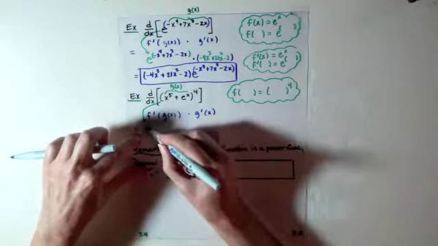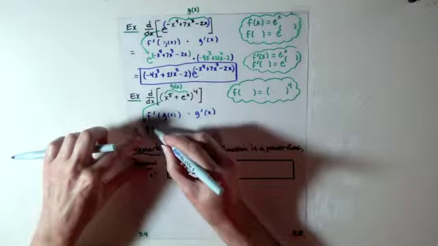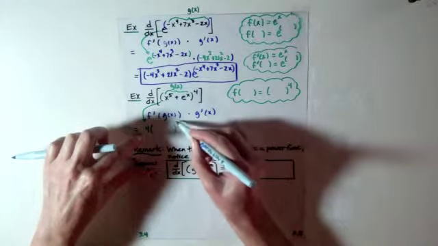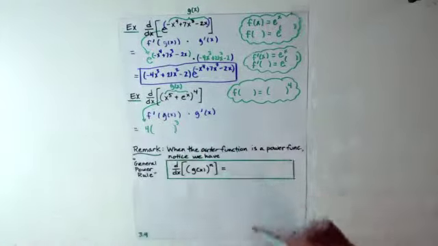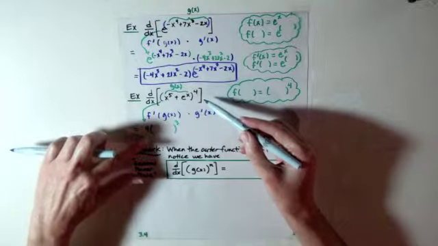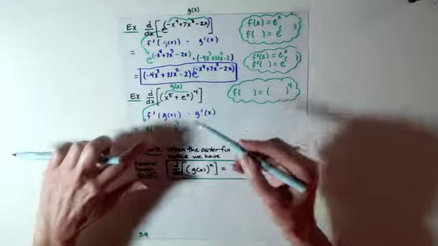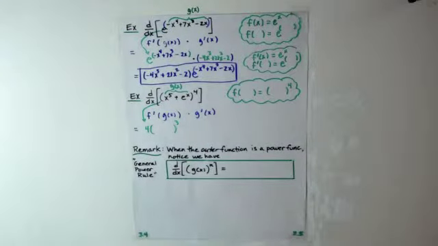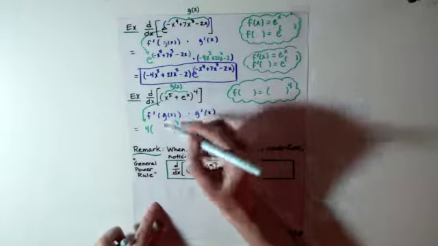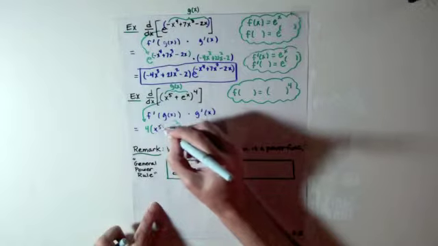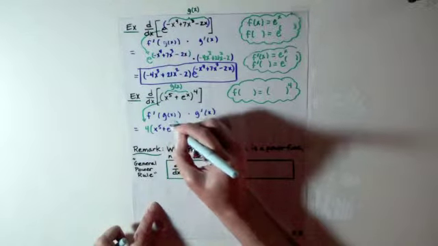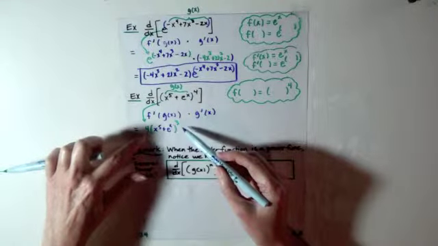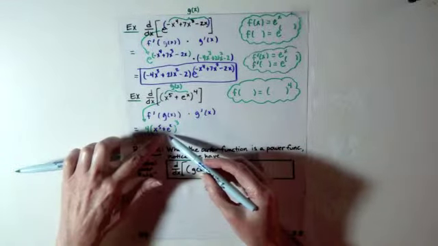So I pull down the 4 from my outer function, and I now have all of the stuff that I'm going to plug in the inside raised to the third power. And we say that we've taken the derivative of the outer function. I'm supposed to evaluate that at g of x, at the inner function, and we said g of x is exactly this function, x to the fifth plus e to the x. So that is the derivative of the outer evaluated at the inner function.